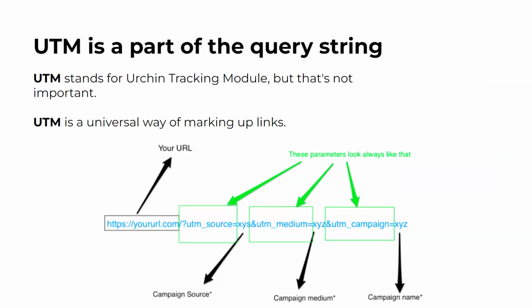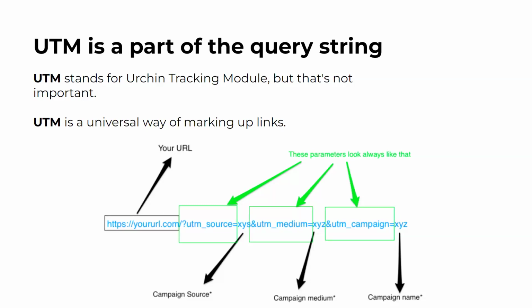So the UTM source, or the campaign source, contains the name of the advertising platform on which you place the link, such as Twitter, Google Ads, or a blog. Usually the commonly accepted values are Google for Google Ads, Bing for Bing Ads, Twitter for Twitter, Facebook for Facebook, Instagram for Instagram, and so on.